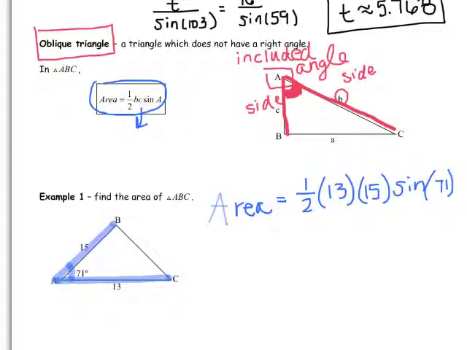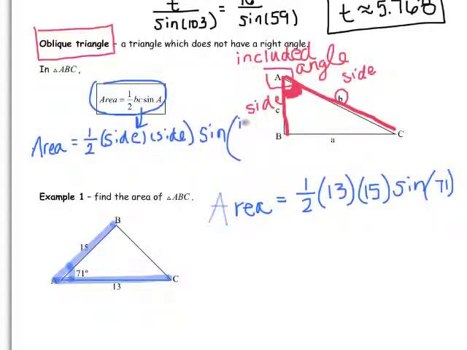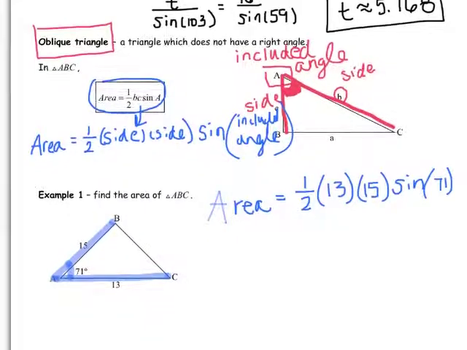When I say it in my head, I say area equals 1/2 side, side. It doesn't matter what two sides you choose, but after you choose those two sides, you have to include sine of the included angle. That's how I've memorized the formula. Not with the A's and B's. It doesn't matter what the letters are. It's that you use the included angle.